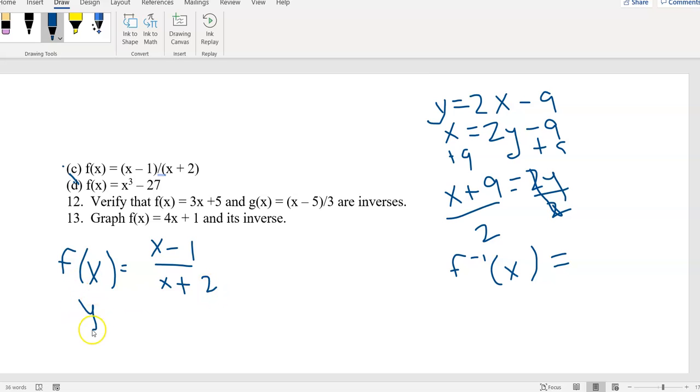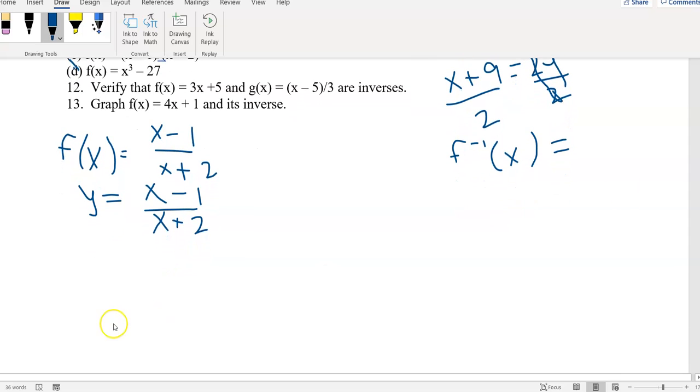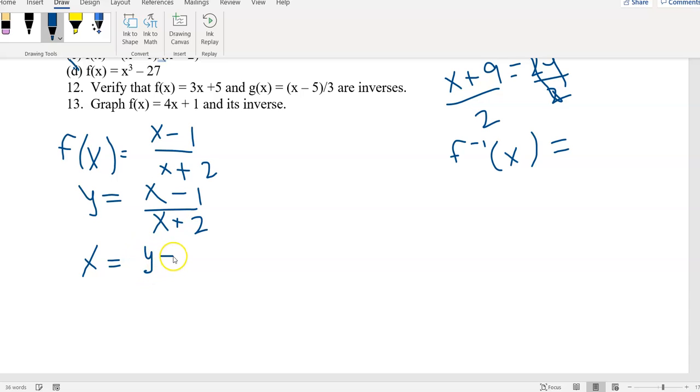So this will be y equals all of this. Next, we want to switch our x's and our y's. And then we want to solve this for y.